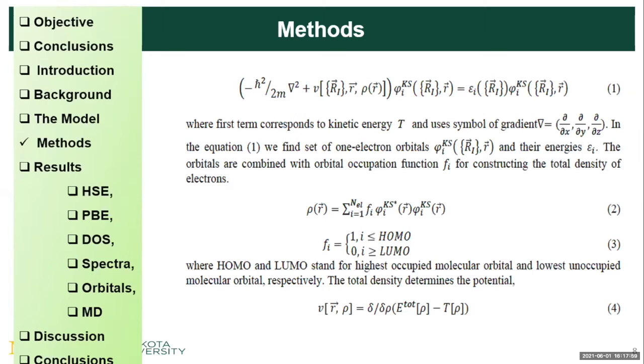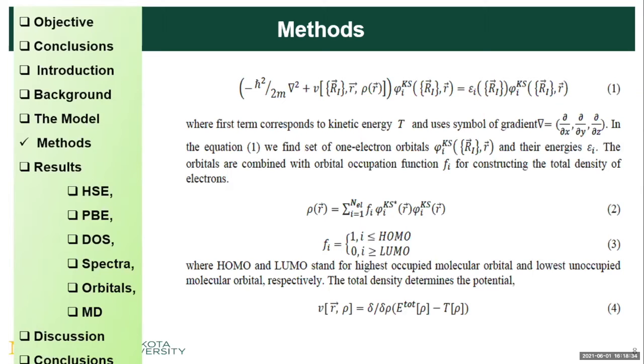Here we use the first equation, equation 1. This is the main equation of the DFT function, and after that we compute the total density of the electron using equation 2, and using that equation we are able to compute the total density of the potential function.